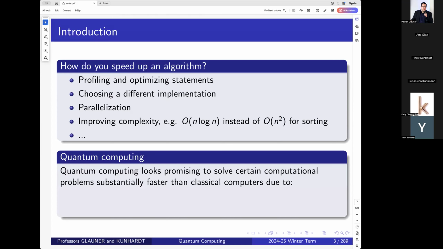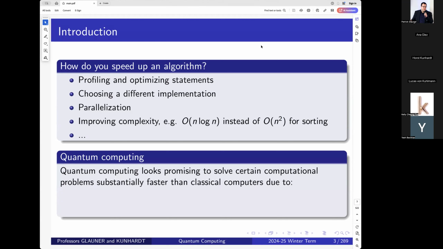And one other approach to speeding up an algorithm is quantum computing. Because quantum computing, as of today, looks promising, so we can solve certain computational problems much faster than classical computers can do.